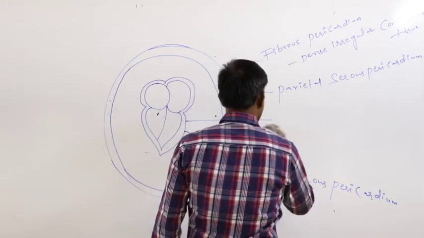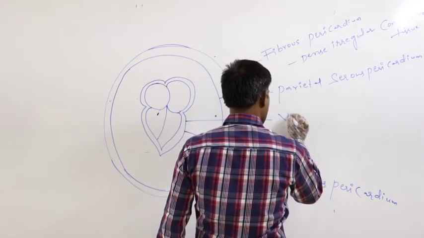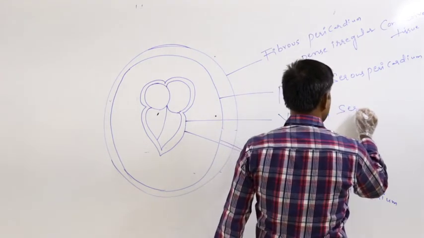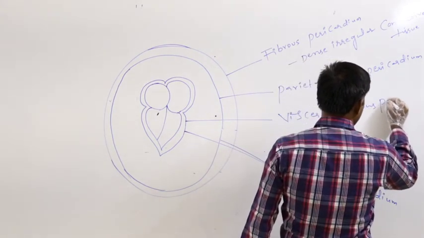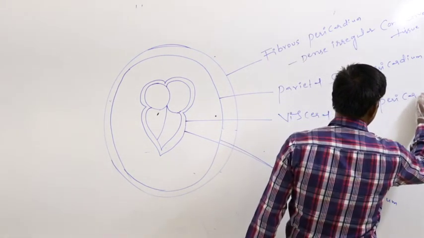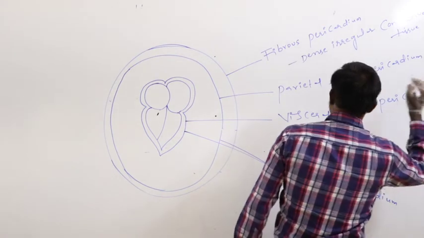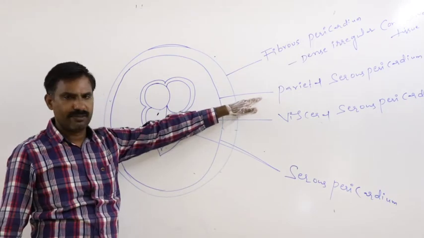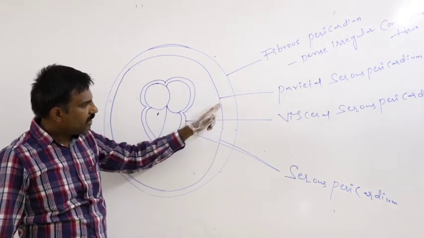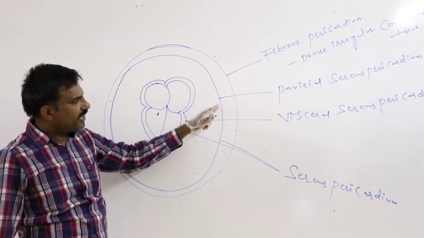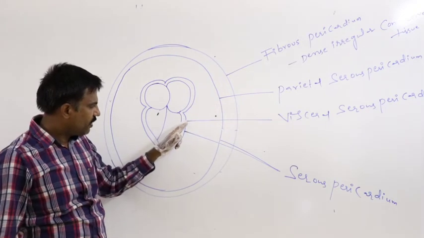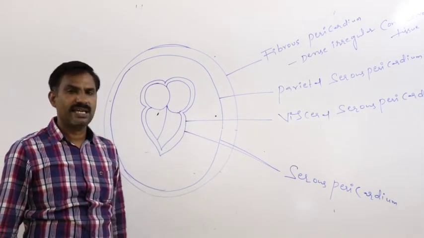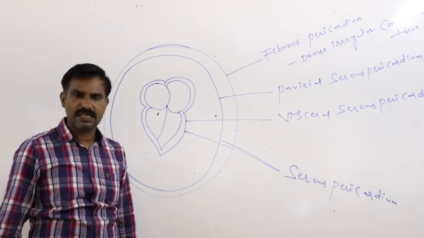The inner layer is the visceral serous pericardium. So in the serous pericardium, two layers are present.